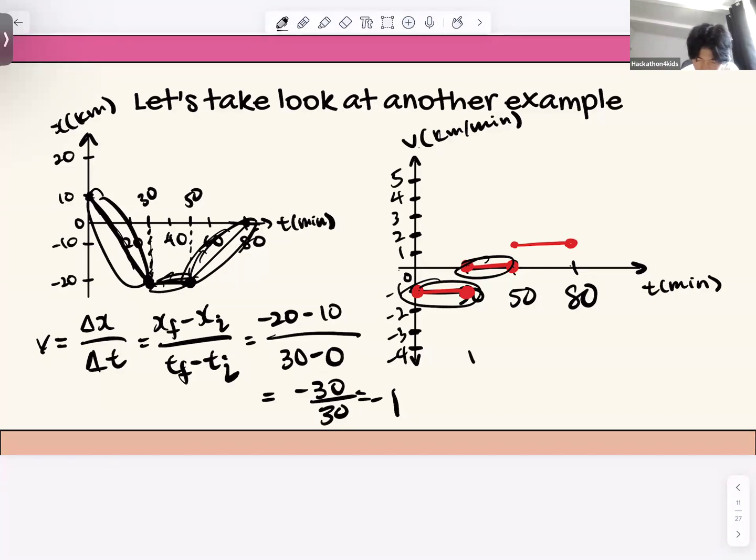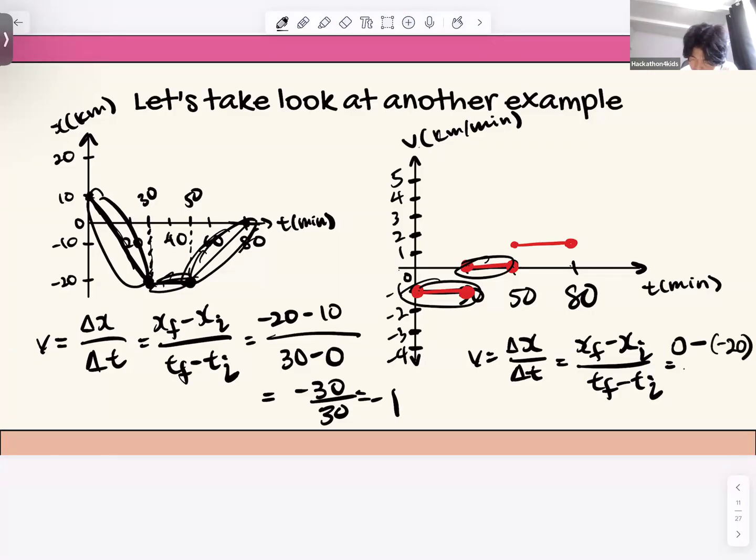So velocity, let's find it then. He ends at 0, and then he starts at -20 in this interval, right? And that's in the span of from 50 to 80.